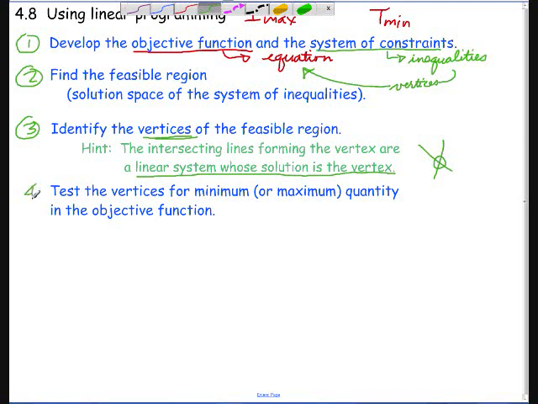The fourth thing you do, once you know what all those vertices are, is you test them for either the minimum, if that's what you're looking for, or the maximum. So 1, 2, 3, 4, and you will have a good solution for your problem of trying to get the best result with limited resources. Boy, doesn't that sound like real life.